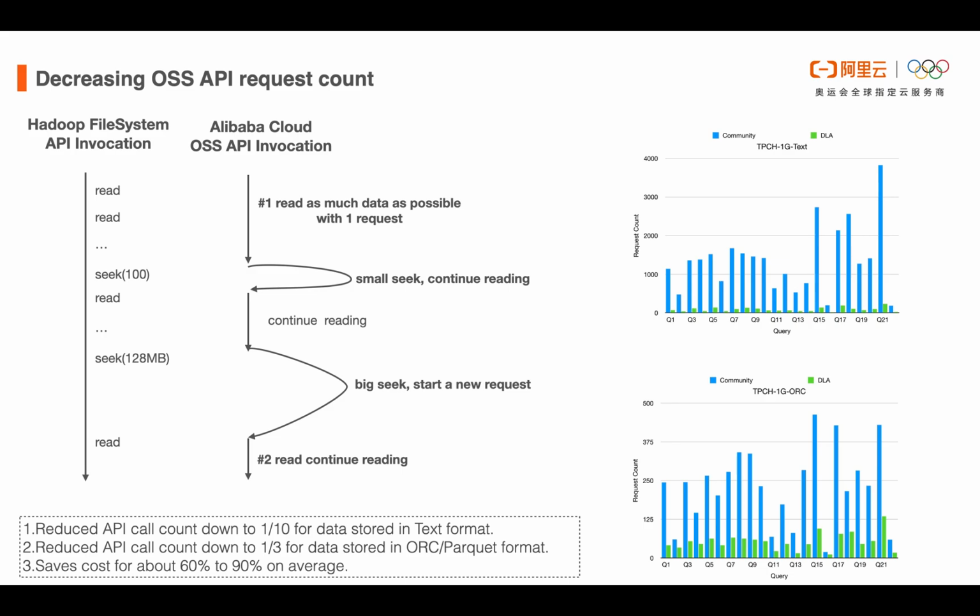If we read the file sequentially, that will be okay. If there is a small seek, we will translate the seek to read and skip, so it is still one request.